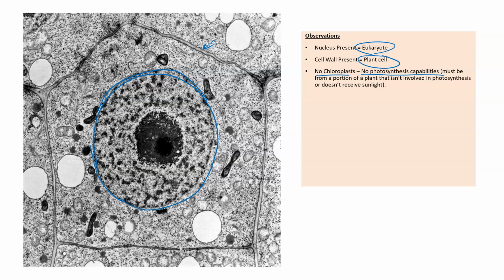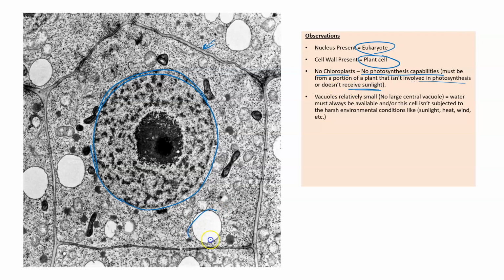A lot of those don't have the ability to photosynthesize because, one, they're not in direct access to light, but also they don't have the chloroplasts needed to complete those photosynthetic pathways. So this could be a cell within a tissue that is not directly involved in photosynthesis or just doesn't receive sunlight in general.